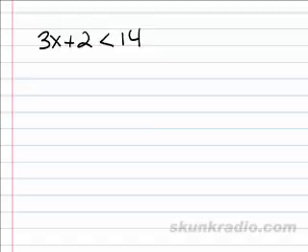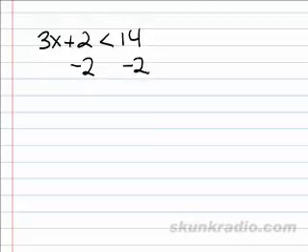We can do some more just for practice. How about 3x plus 2 is less than 14? So I know with solving these algebra equations, I want to get x by itself. So let me take the first step by subtracting 2 from the left side of the equation. And then whatever I do to one side of the equation, I always have to do the exact same thing to the other.